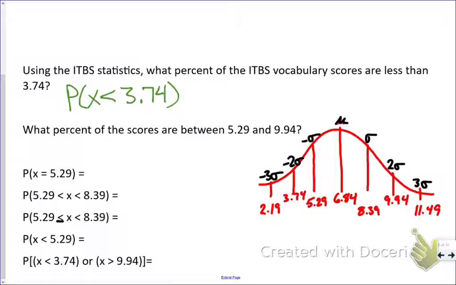So remember, the whole curve is 1. What if we take away the middle area, which is 95, and now we have the 2 tails? I'll shade in just a minute. Right now, if all we do is that, we have the area to the left of 374 and the area to the right of 994. So let's chop that in half. And now we have this area.